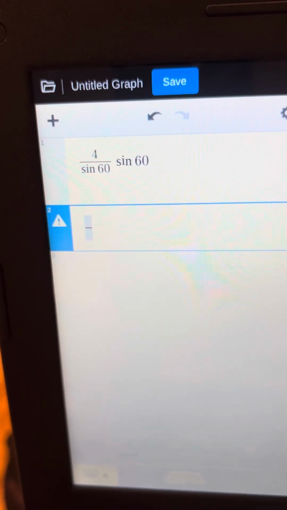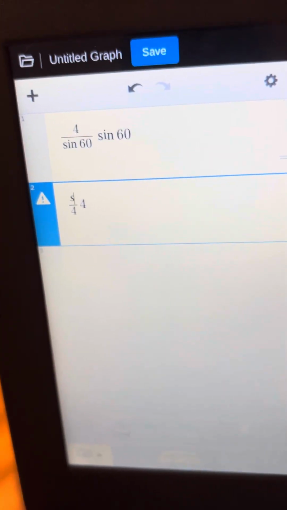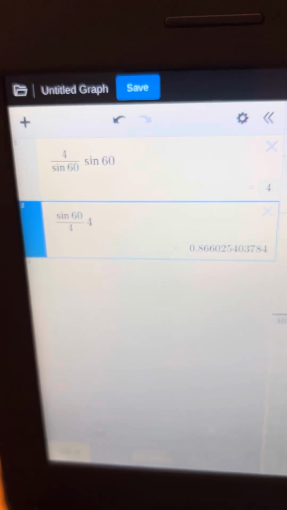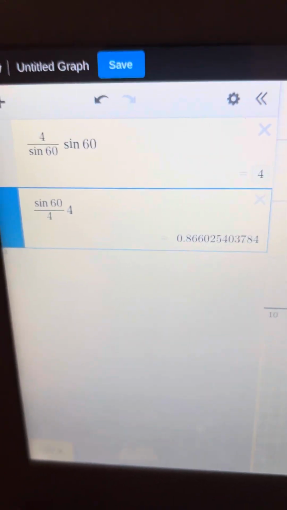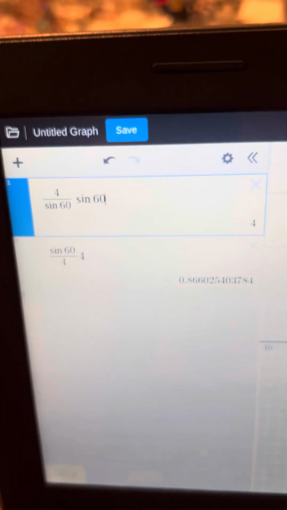However, if we do the inverse of this and we do 4 and 4 sine of 60, that gives us a number that we have to arc sine if you're trying to find degrees. If you want to find degrees, you have to arc sine. If you want to find a side, it should just give you your answer if you have a calculator. I really hope, yeah, we had a calculator for that test.